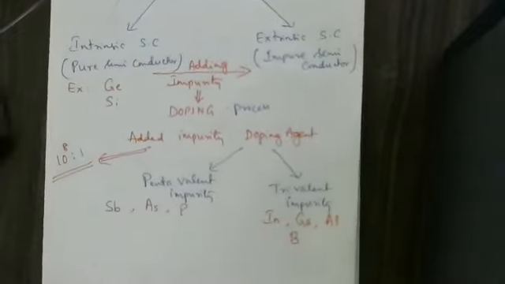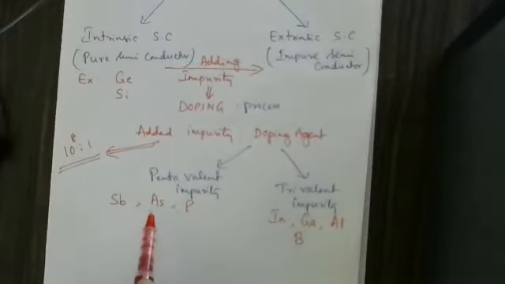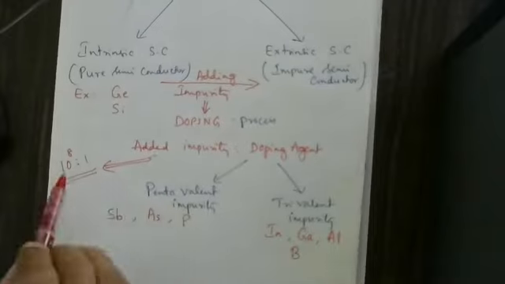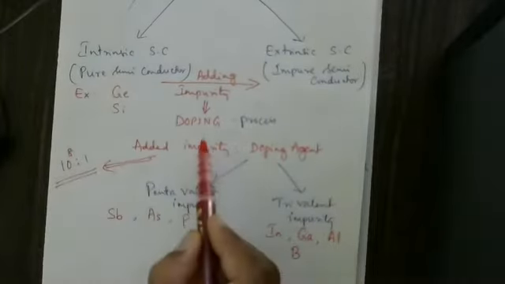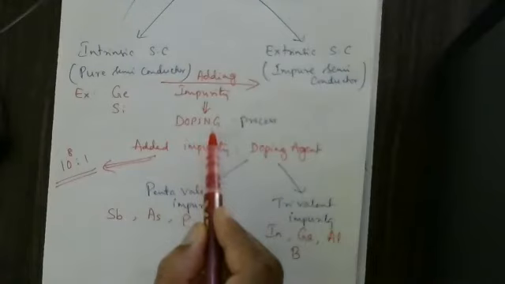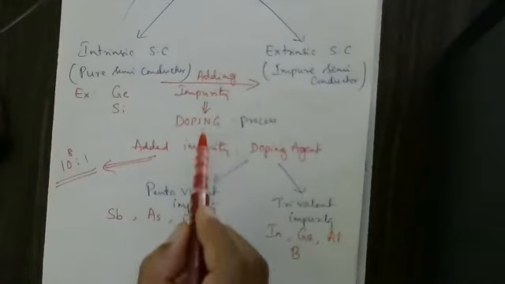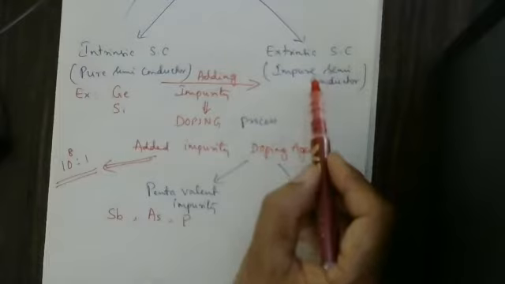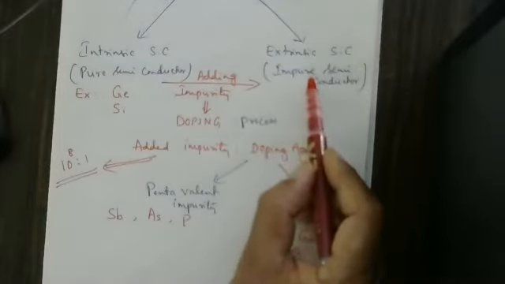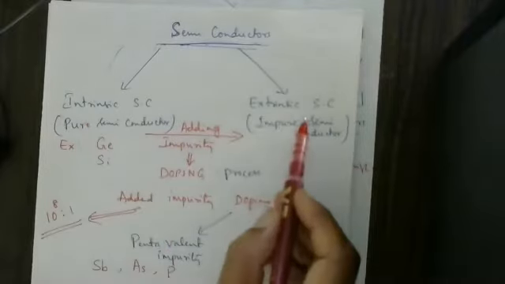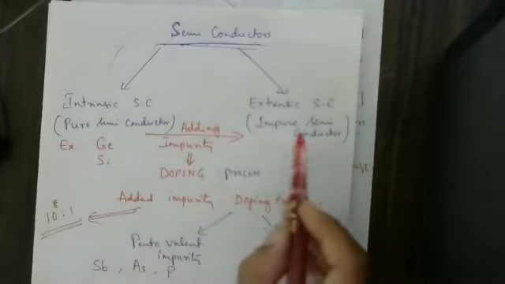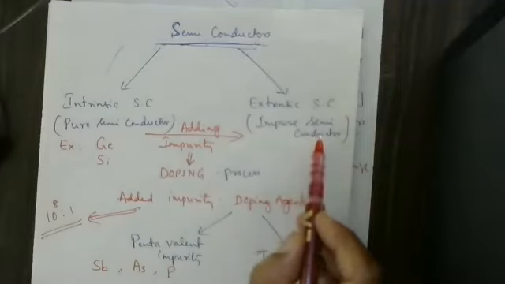Next one, if you are adding this, what will happen? If you don't add this, what will happen here? The question is, why are we supposed to add the doping agent, and convert intrinsic to extrinsic? Semiconductors can be divided into two categories, intrinsic and extrinsic. Intrinsic means pure semiconductors, extrinsic means impure semiconductors.